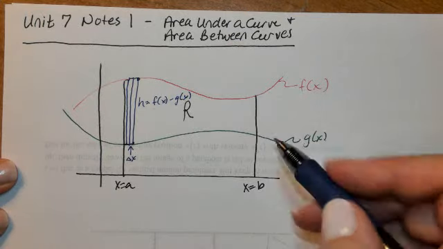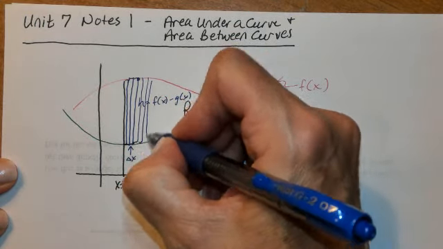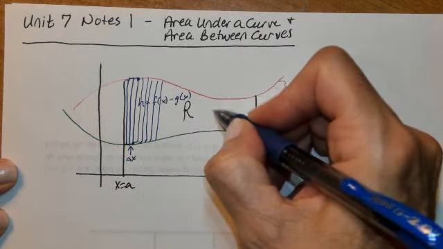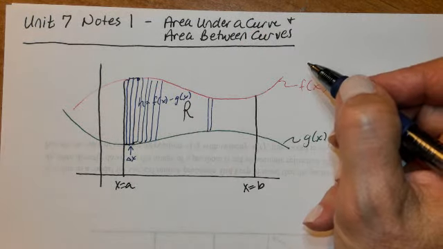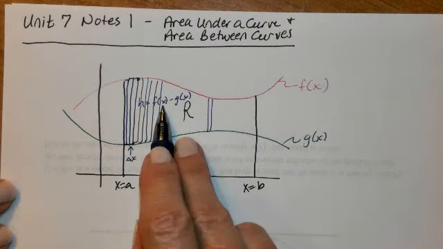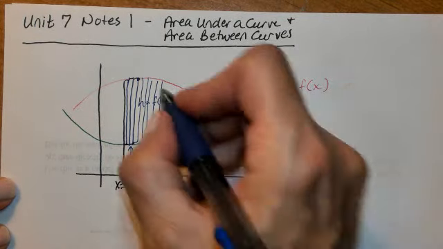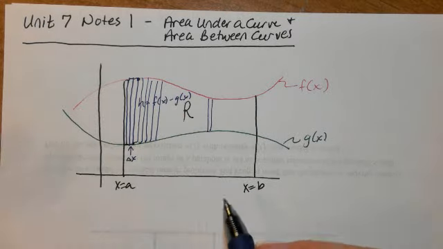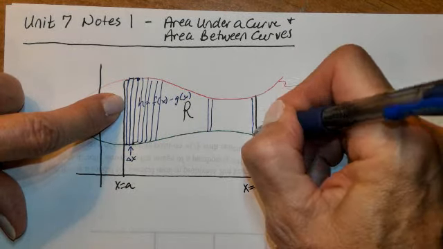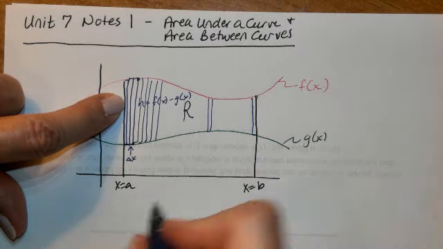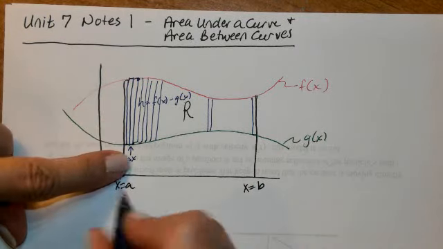So if we were finding the area of each little rectangle, sometimes the height would be shorter than other times, right? And so the height is changing. That's why the height is a function of x here, okay? All right, so if we found the area of each rectangle, starting with this first rectangle and going to the very last rectangle, okay, we would be needing the base times the height.